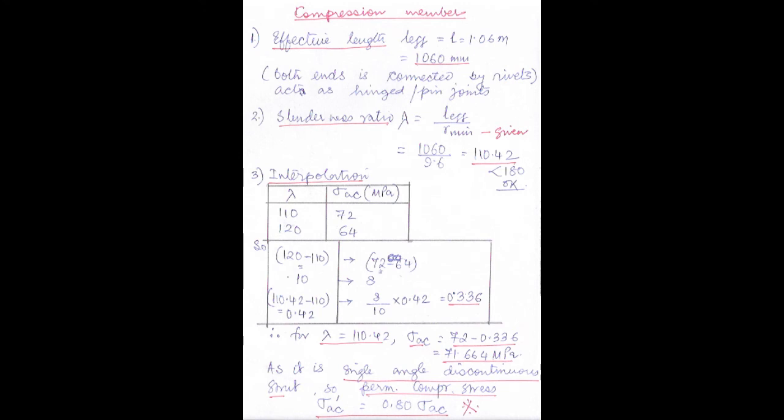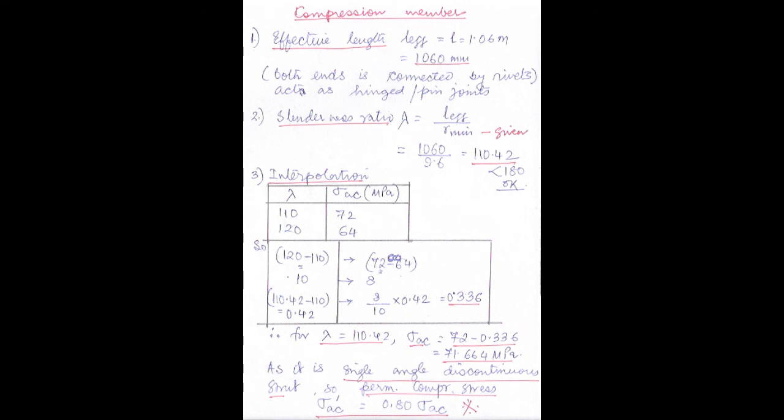Now what is our value of lambda? 110.42. So 110.42 minus 110 is 0.42. How much will it be? It is simple arithmetic, as we used to do in 4th or 5th standard: 8 divided by 10 multiplied by 0.42.